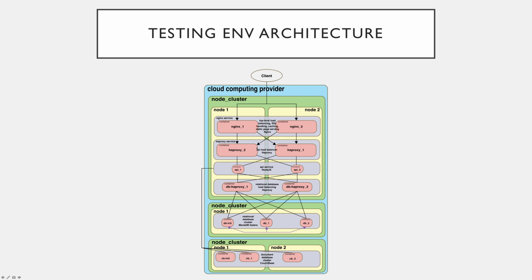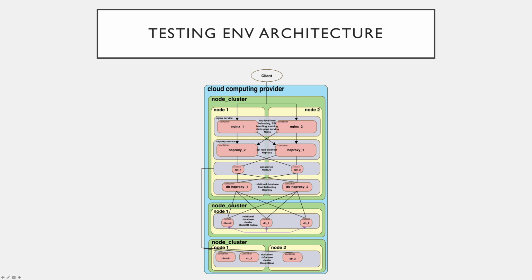Same thing with the API containers. They have their own service as well that HA proxy is referencing, so that provides us some level of failover there.